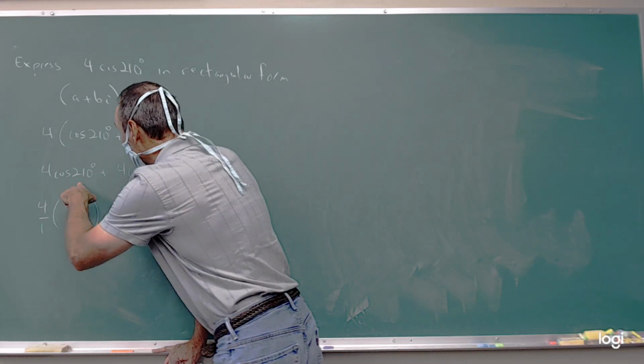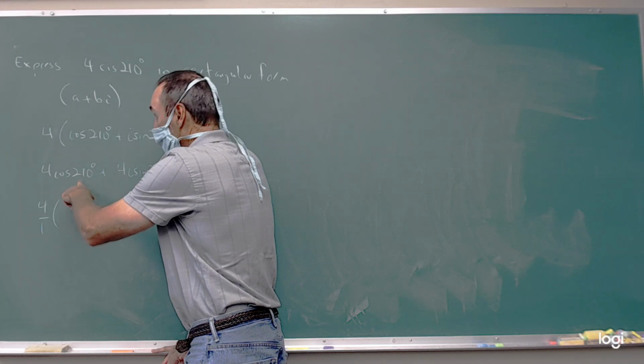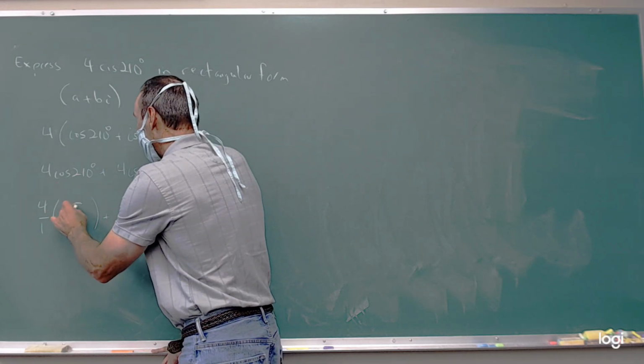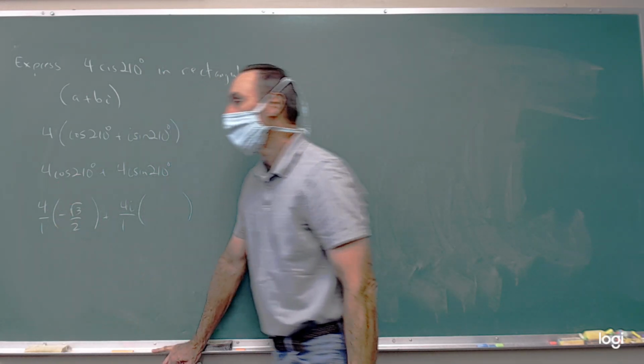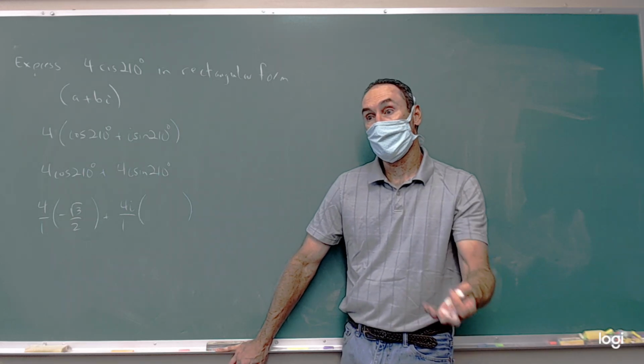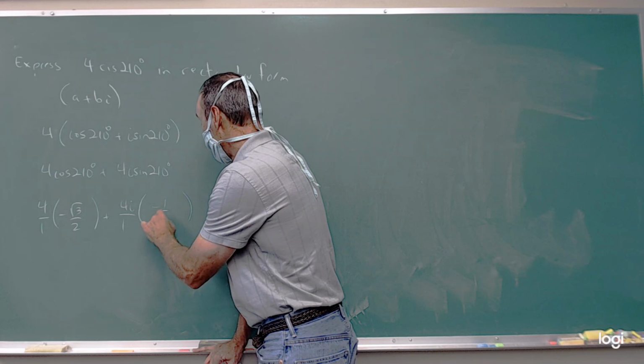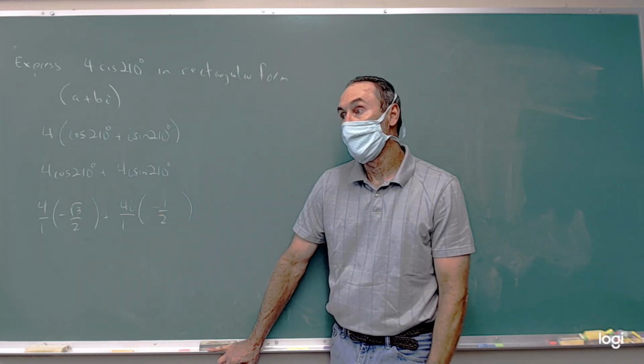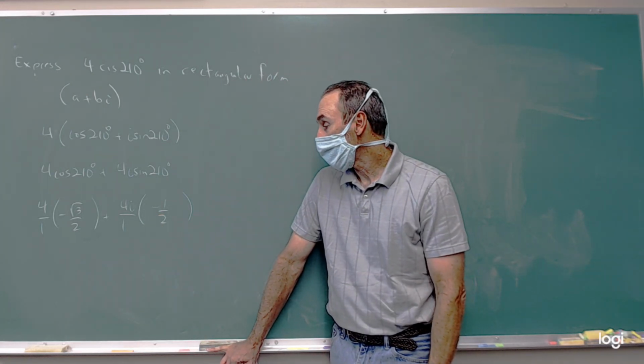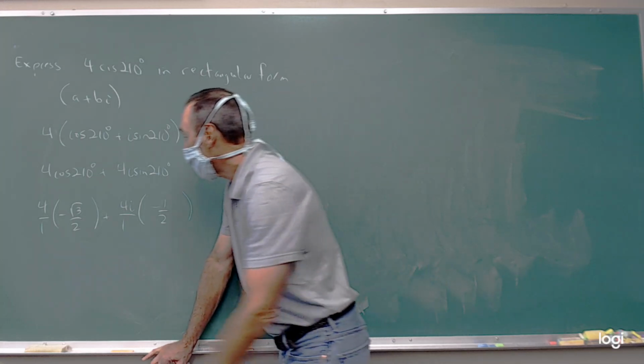Very nice. So we're in quadrant 3, so that's going to be a negative square root of 3 over 2. And sine 210, because we're in quadrant 3, is going to be negative. Does that look okay? Because everything's negative in quadrant 3. And then you can cancel.